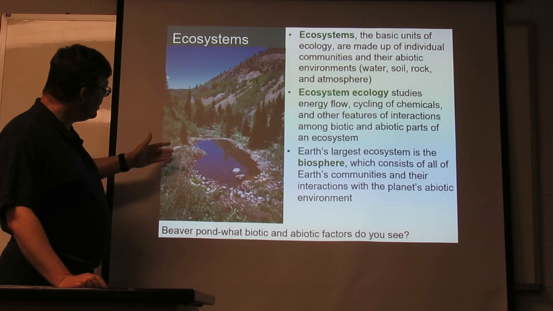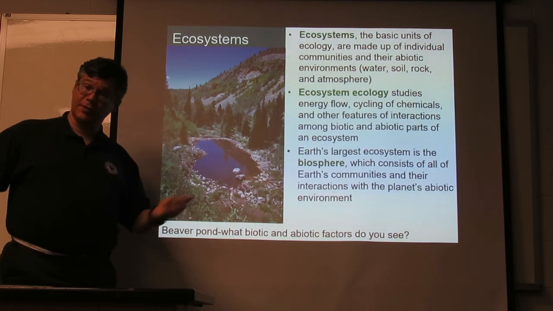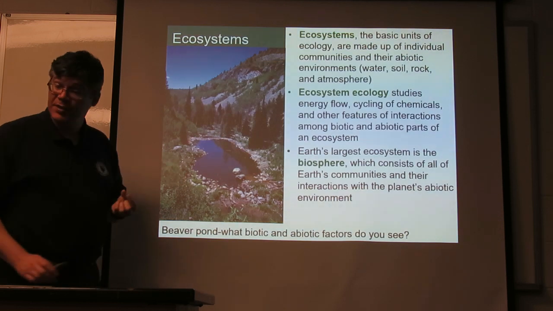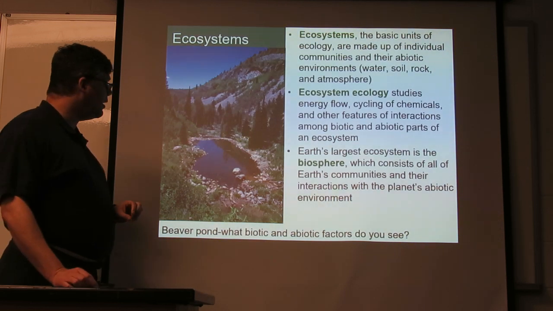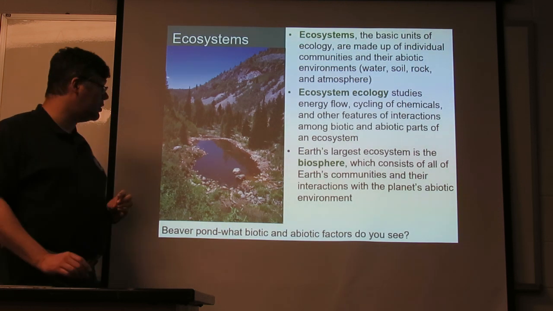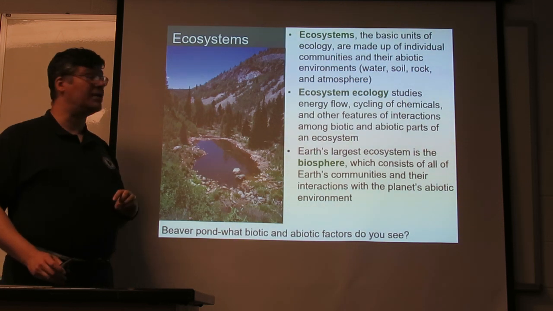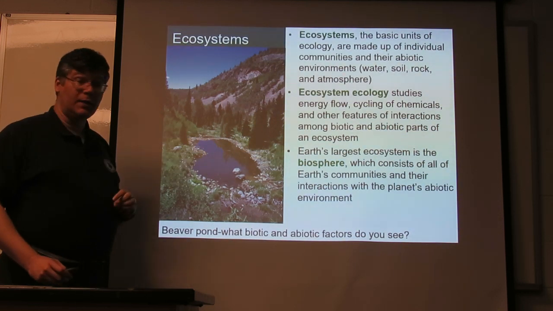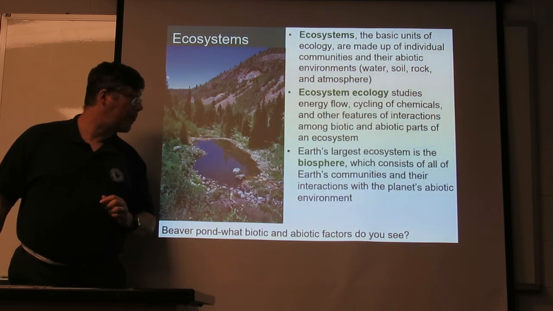I don't see the beaver itself, but obviously it's around. We have evidence of the beaver, and of course the beaver is affecting the plants. It is eating some, also maybe chewing some down to make the dam, even if it doesn't eat them so much. So lots of things are going on here.